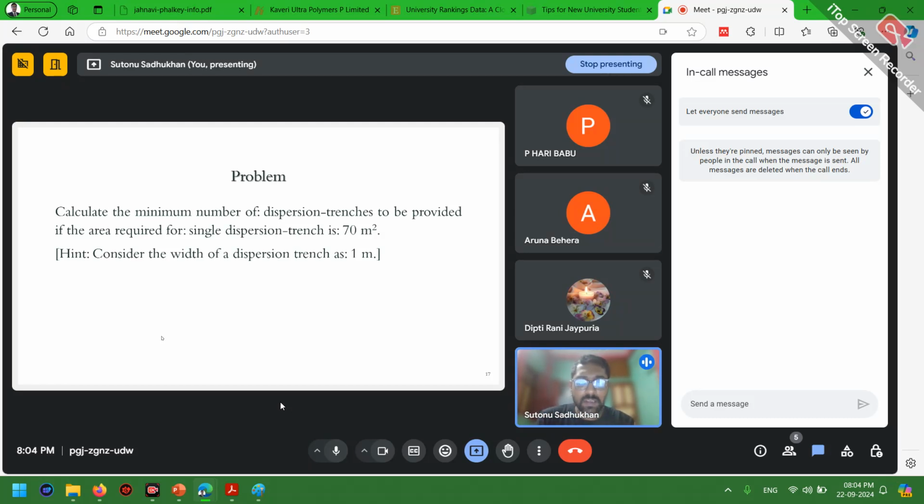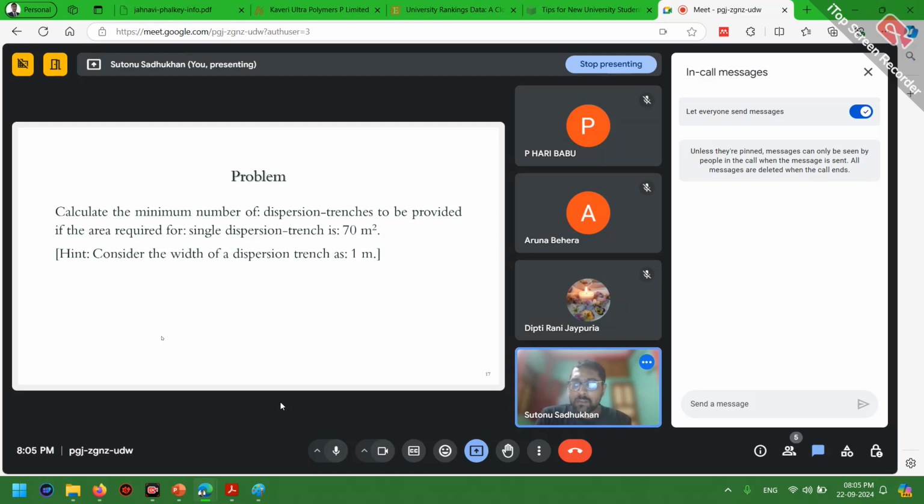If you have watched the lecture of Dr. Devapradeep Pandit, then you will be able to answer. I'll wait for a couple of minutes. Please try this one and type your answer in the chat box. You have to calculate the minimum number of dispersion trenches if the area required for a single trench is 70 square meters and the width of one dispersion trench is 1 meter.